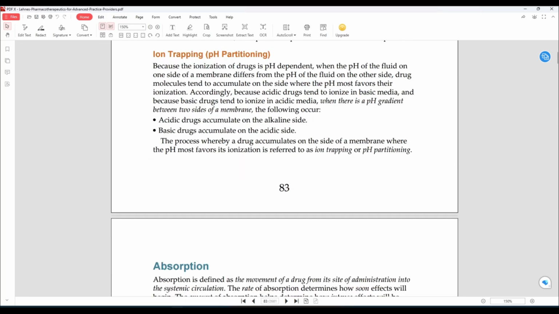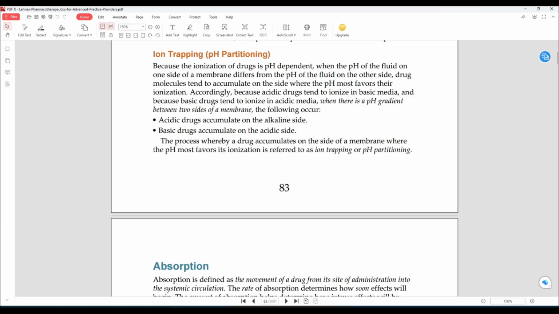Ion trapping, or pH partitioning. Because the ionization of drugs is pH dependent, when the pH of the fluid on one side of the membrane differs from the pH of the fluid on the other side, drug molecules tend to accumulate on the side where the pH most favors their ionization.